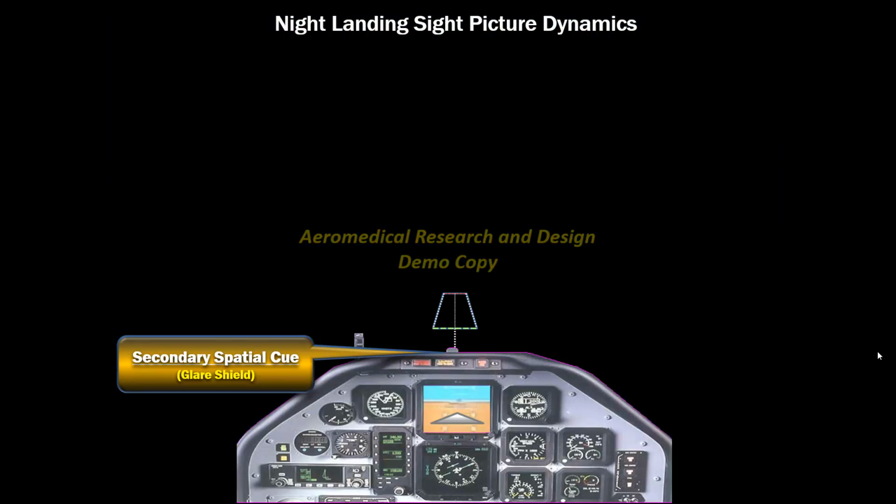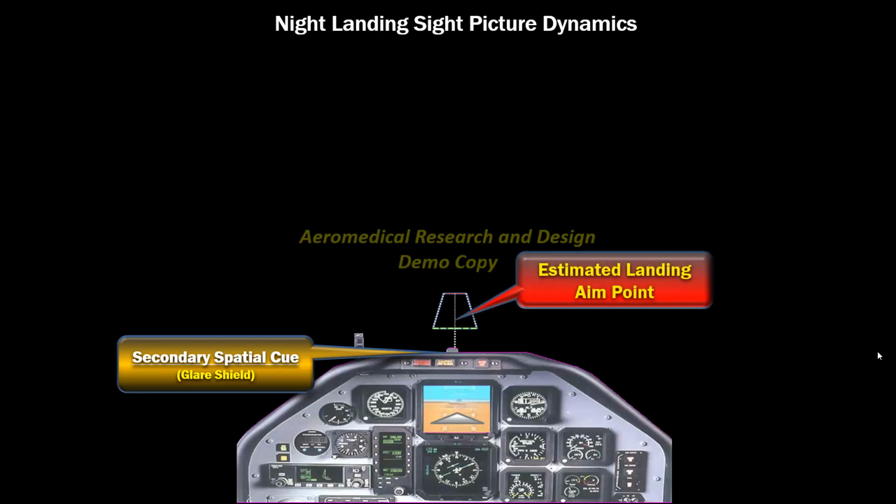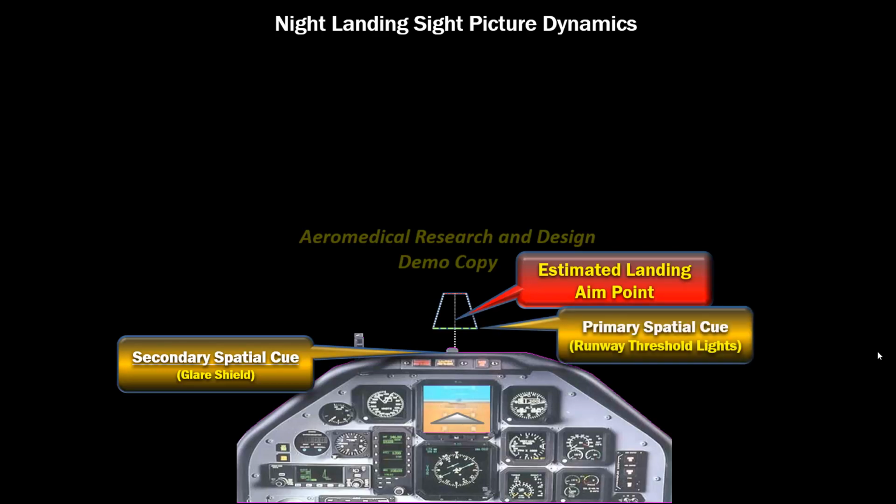At night, with a dark runway surface and no visible horizon, pilots are forced to estimate their landing aim point using visual angle interpretations of the runway perimeter lights. Of special importance are the runway threshold lights, which often serve as a substitute horizontal reference and thereby become a default primary spatial cue.